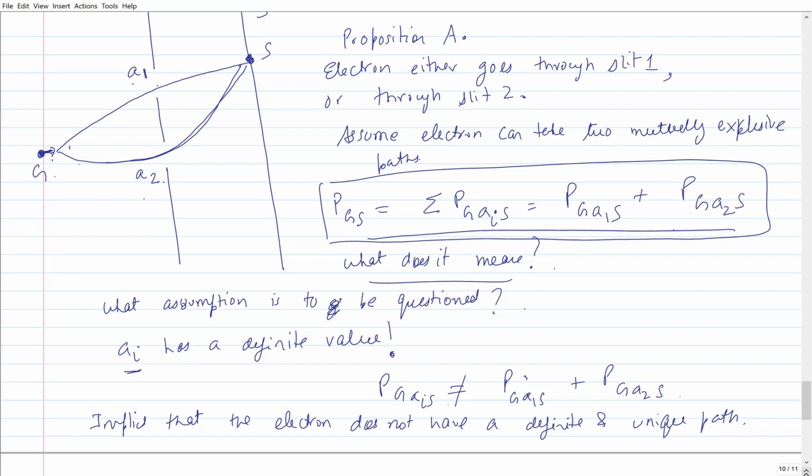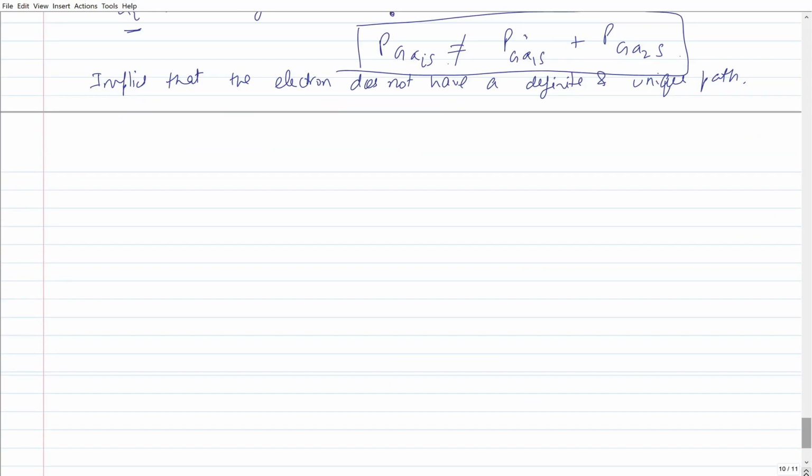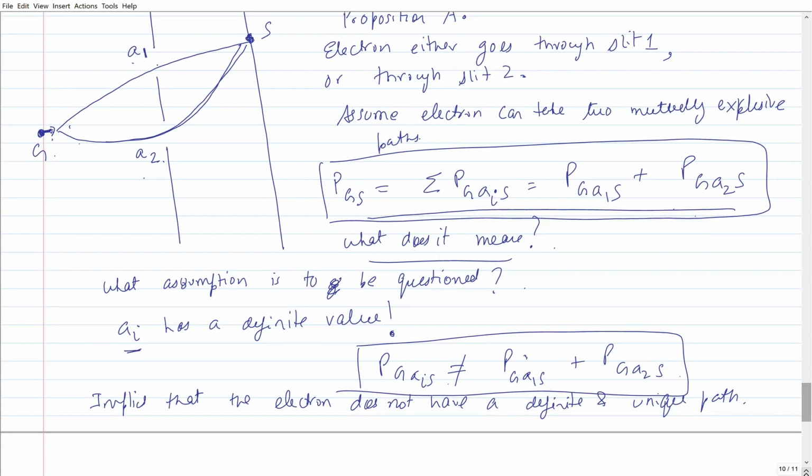So it is not that I have closed my eyes and I do not know A1 and A2. It is the fact that A1 and A2 do not exist. A1 and A2 do not take definite values, and that's the only way I can explain what I observe in the experiment. So AI does not have a definite value, and the moment AI gets a definite value, let's say in any experiment, then classical logic follows. I have to add up these two probabilities.